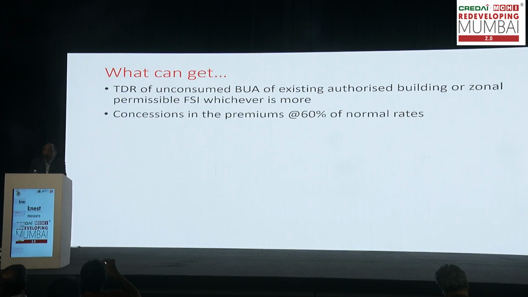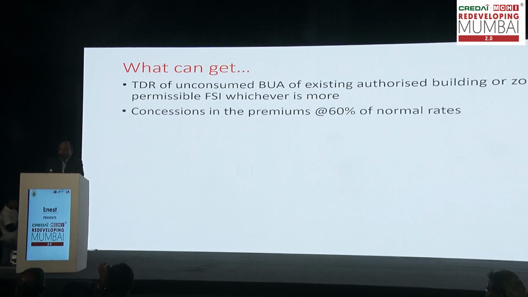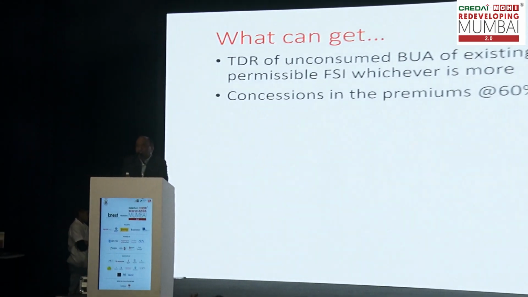So if you are consuming only 0.7 or 0.75 FSI, whatever the balance out of 1, you will get in the form of TDR. That TDR you can sell in the market and earn money that can be used for the redevelopment of the project. And secondly, whatever premiums are applicable for various areas, allowing free of FSI, at the rates mentioned in the regulation.